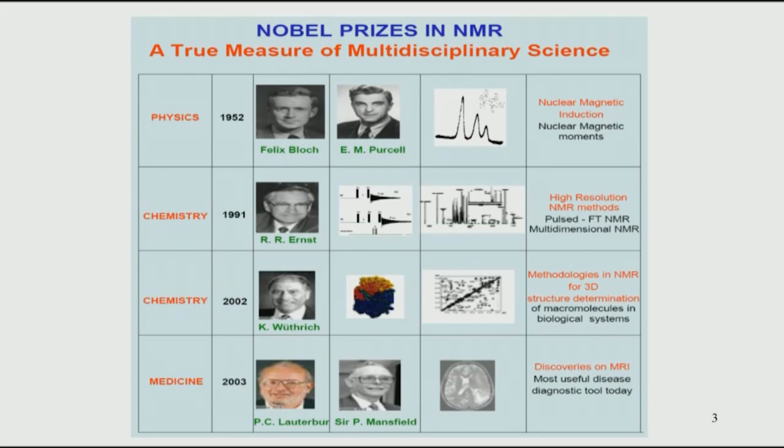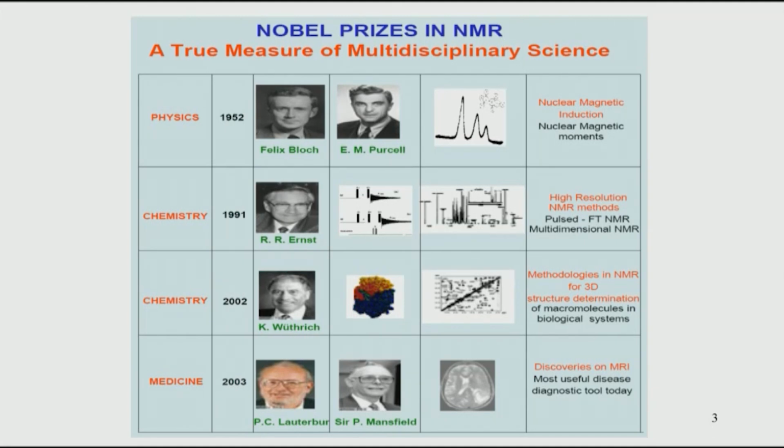Richard Ernst got the Nobel Prize in 1991, and Richard Ernst is a very common name in chemistry and physics. Everybody is familiar with Fourier transform NMR, FT-NMR, which is the technique used routinely in chemistry. Richard Ernst discovered and developed many of the two-dimensional NMR methods, which we will see during this course.